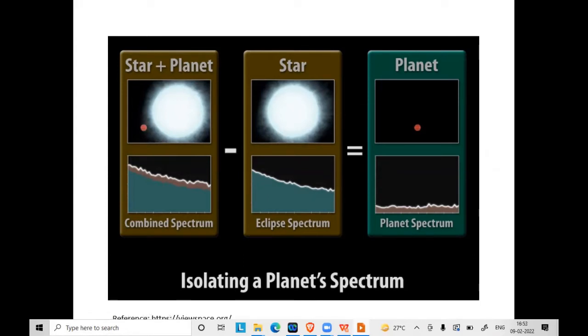And when it is behind the star, you are not able to collect the light from that planet. What you're collecting is starlight, and by subtracting the pure starlight from the combined spectrum, one can obtain information about the atmosphere of that planet.